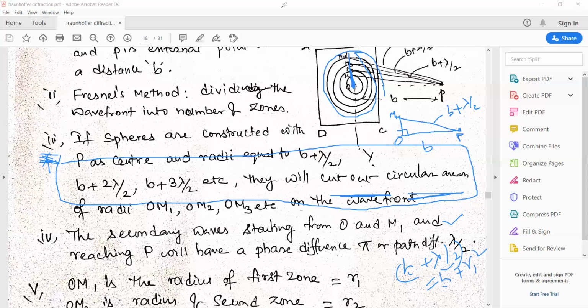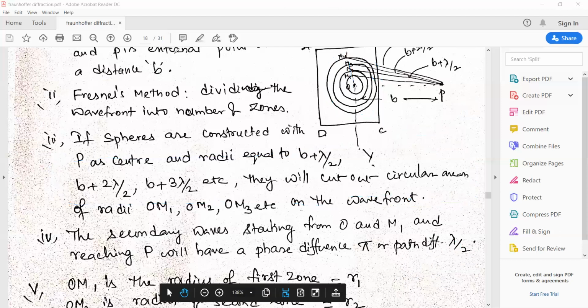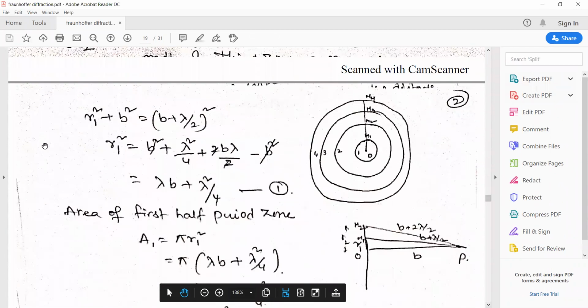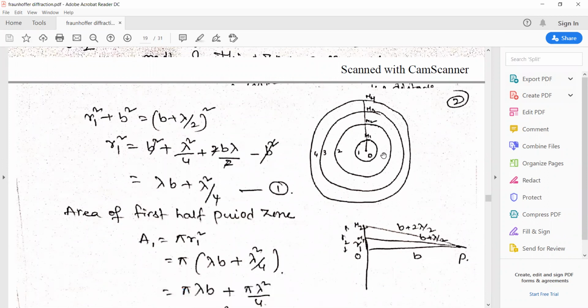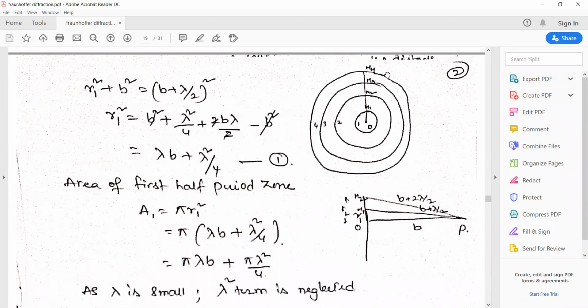So same thing I have written here. To find out the R1, I just considered the Pythagoras theorem, and R1 square I found out using the Pythagoras theorem. So this is the R1 square you will get.